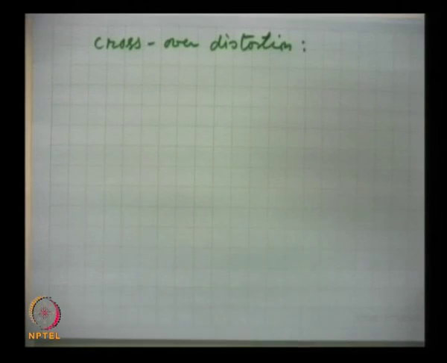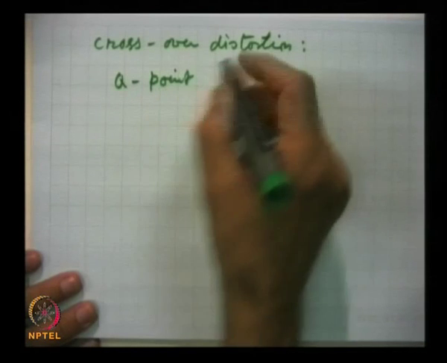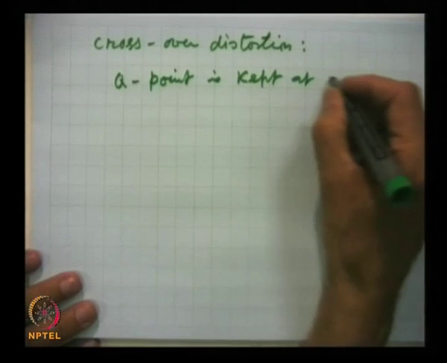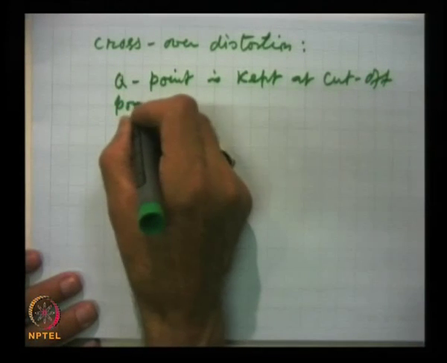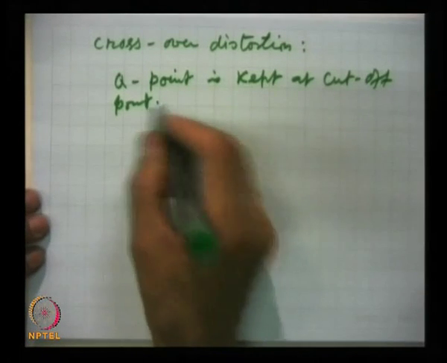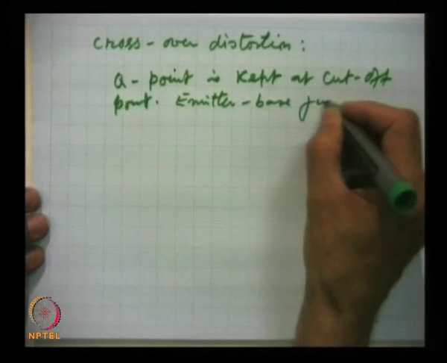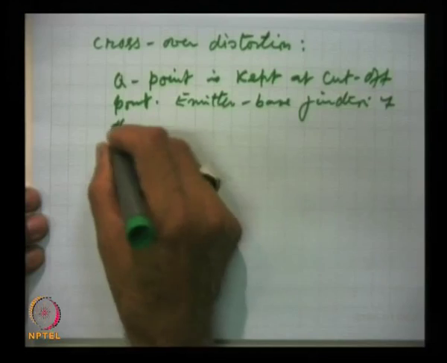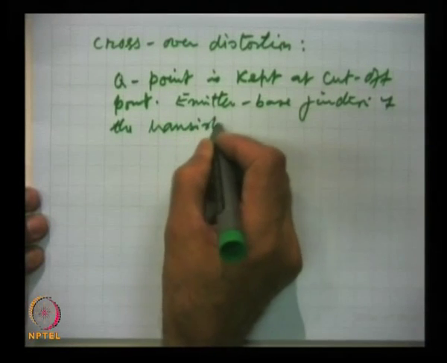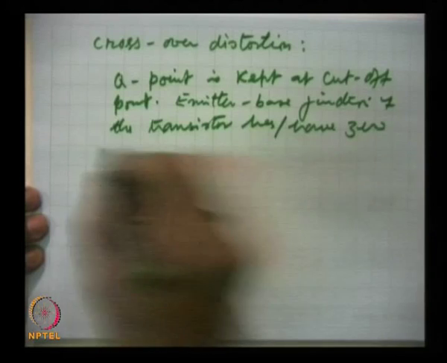In class B operation, the cutoff condition is achieved by keeping the Q point, the operating point, at the cutoff point, and at this point the emitter base junction of the transistor has zero bias.